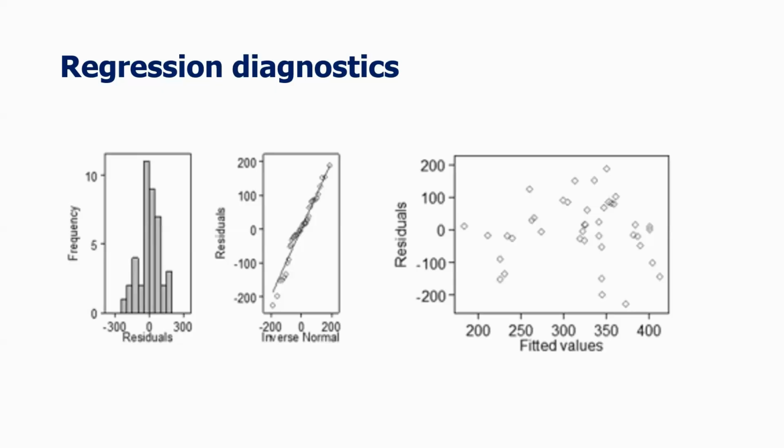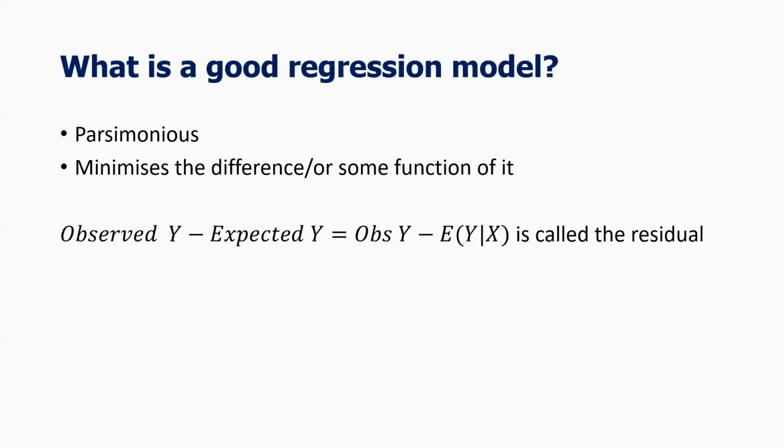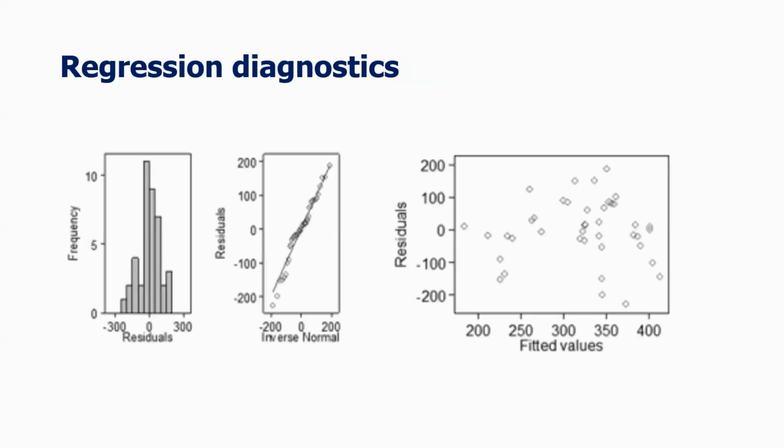So if you have a lot of residuals going above the 0 line, that would be an indication that, if you look at the difference observed minus the expected, positive residuals essentially mean that your observed value is higher, which means that your expected value is lower than the observed value, which means that your model is consistently giving you an expected value of the outcome which is lower than what you have actually observed, which is an example of underfitting.